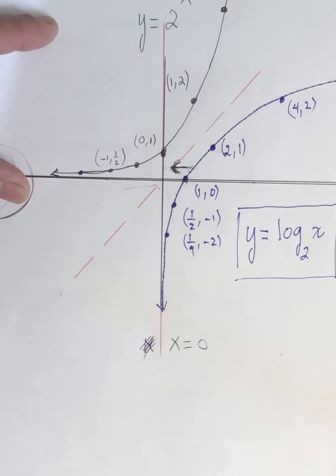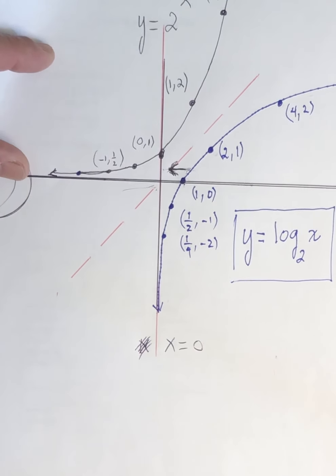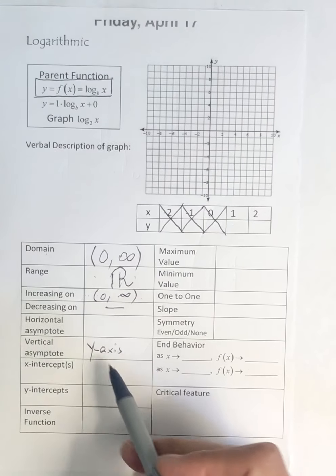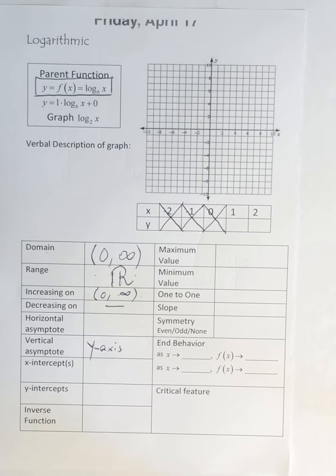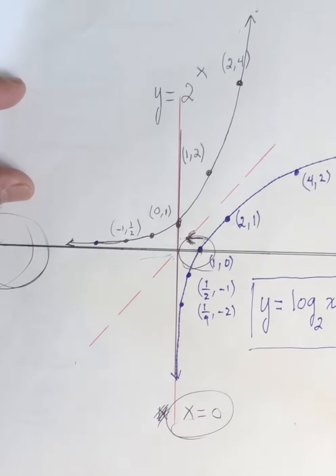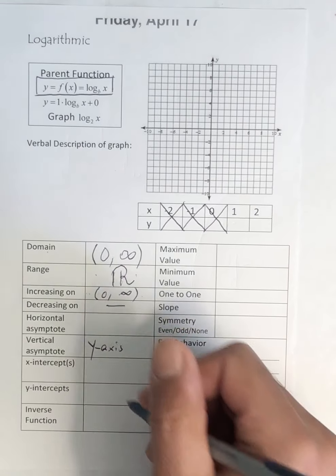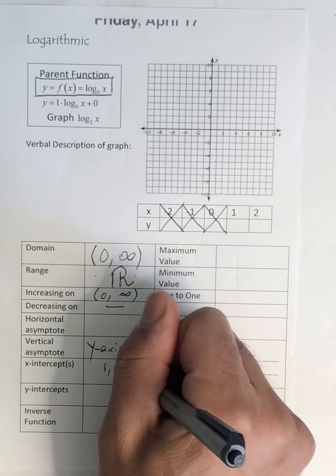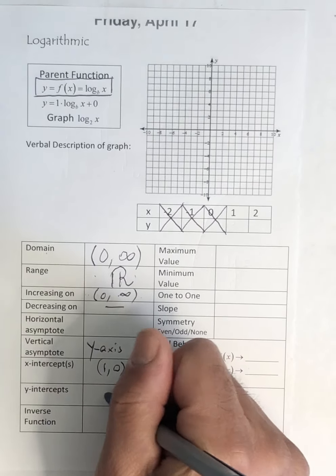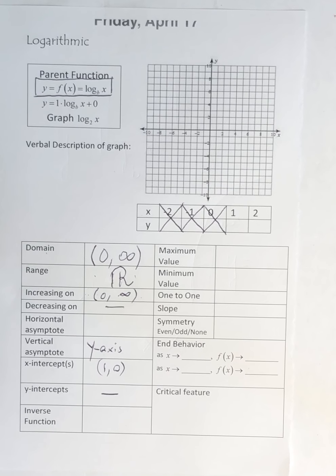Right, that just is the reader's and the user's preference to either say x is equal to 0 or to say the y-axis. We do have an x-intercept. Right. That's the point (1, 0). So the point (1, 0) is an x-intercept. And the logarithmic curve never intersects the y-axis, so no y-intercepts.